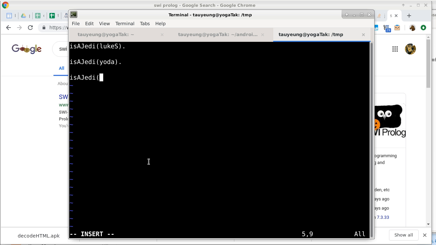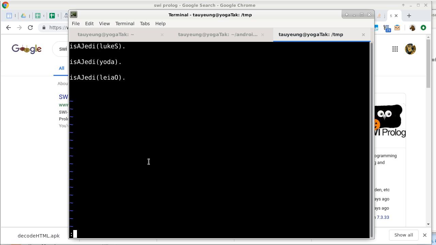So who is not a proper Jedi? Who is kind of Jedi-ish but does not have a lightsaber? Han Solo. Leia. Okay, Leia, and her last name is O, right? Yep. Okay, Leia O.